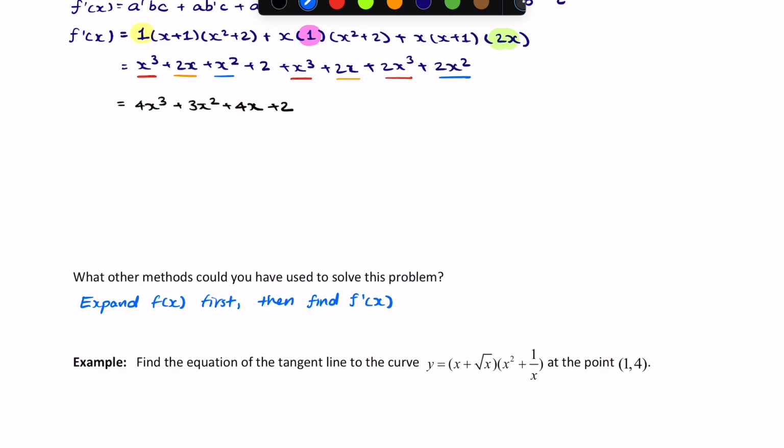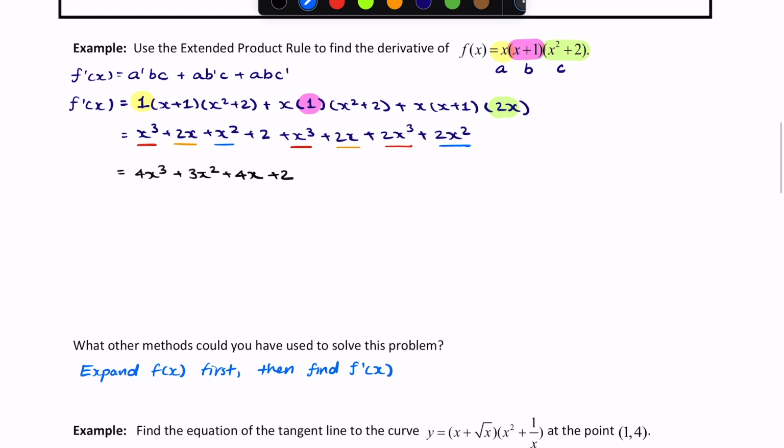So if we expanded it first, f of x is equal to x times x cubed plus 2x plus x squared plus 2. Multiplying the x in, we get x to the power of 4 plus 2x to the power of 2 plus x to the power of 3 plus 2x.